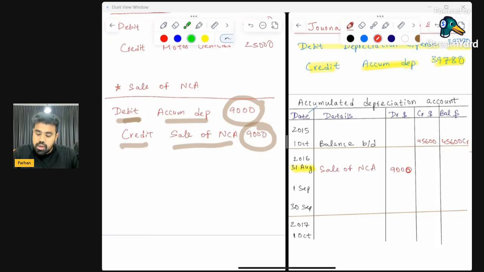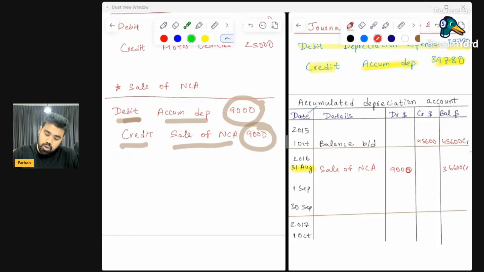Okay. Now $9,000 debit here is subtracted from 45,600 credit, which leaves us with 36,600 credit as the final balance. Okay. I believe that is clear.